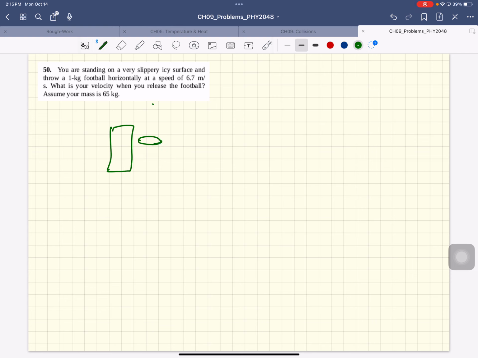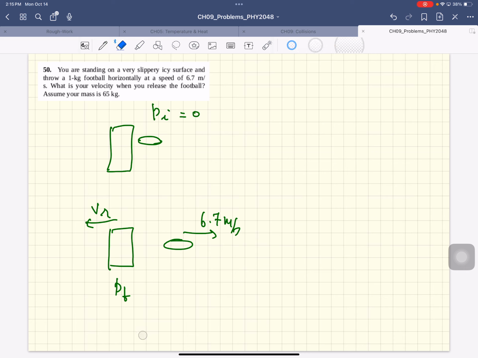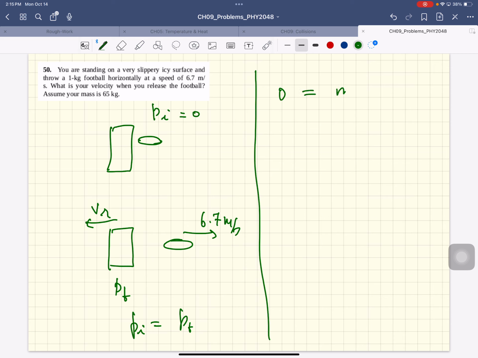So your initial momentum is 0 for the system. So there's the final momentum. Zero equals mass of football times velocity of football plus mass of person times recoil velocity.